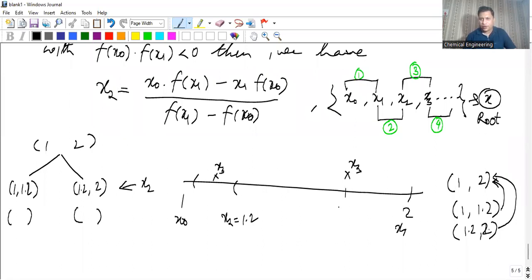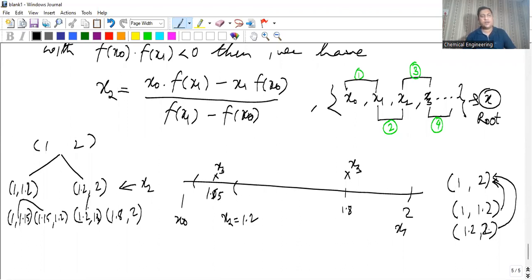If x3 is here, for example 1.8, this interval will be divided into 1.2 to 1.8 and 1.8 to 2. Or if x3 is here, say 1.15, this interval will be divided into 1 to 1.15 and 1.15 to 1.2.